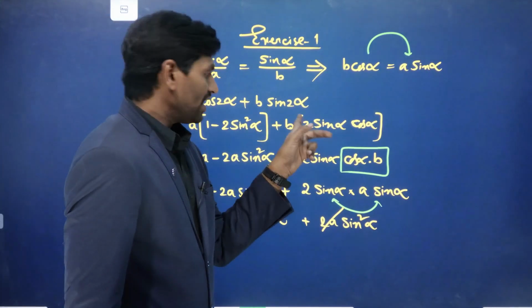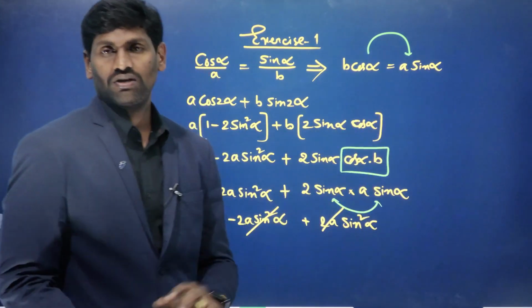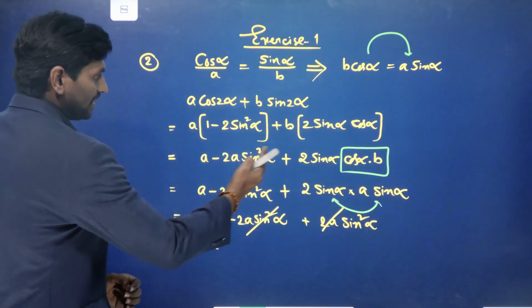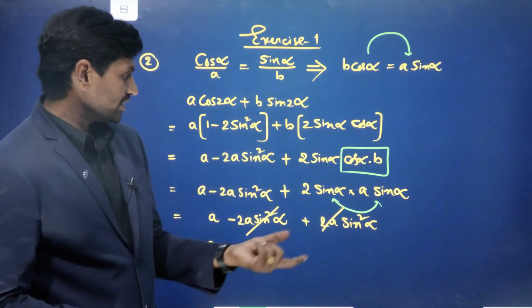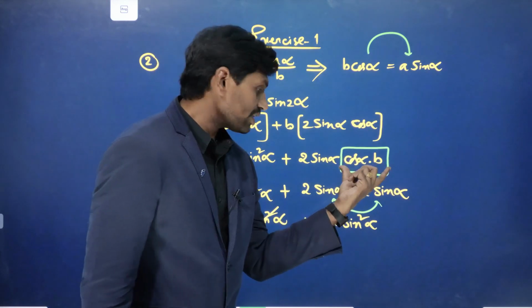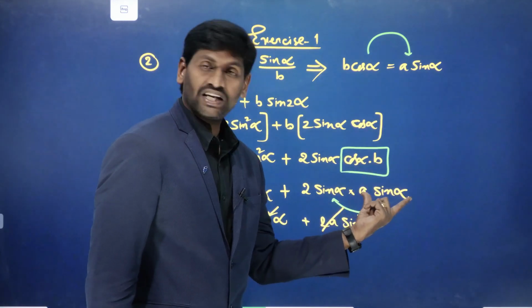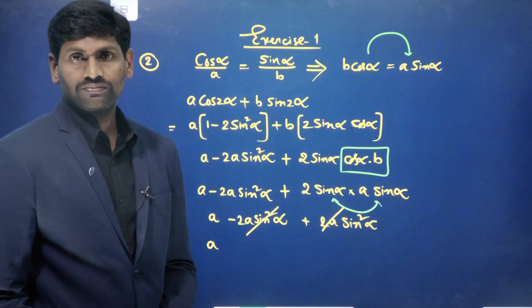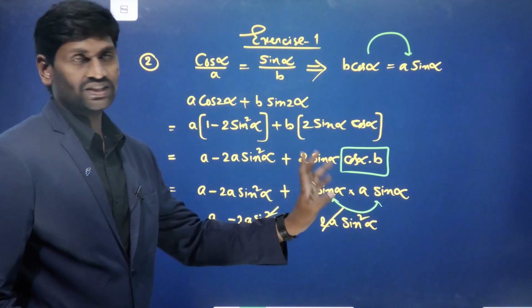And sin 2 alpha as usual is 2 sin alpha cos alpha. One more crucial step I used is that in the place of b cos alpha I substituted a sin alpha from the given information. So that is the answer for this.